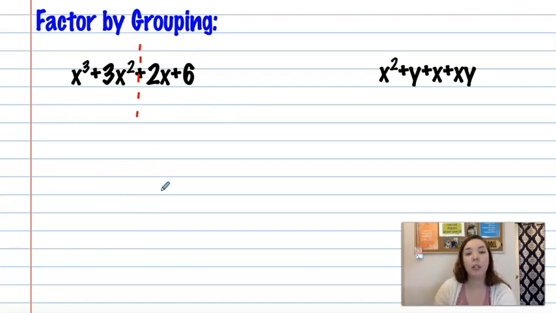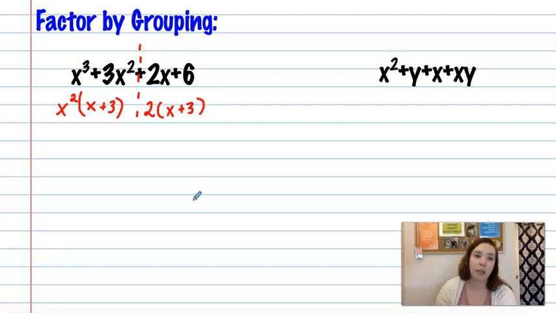And I'm going to pull out a GCF for my first set and my second set. For my first set, the greatest common factor I can pull out is x squared, and that'll leave me with x plus 3 in my parentheses. For my second group, my greatest common factor I can pull out is a 2, and that'll leave me with x plus 3 in my parentheses.